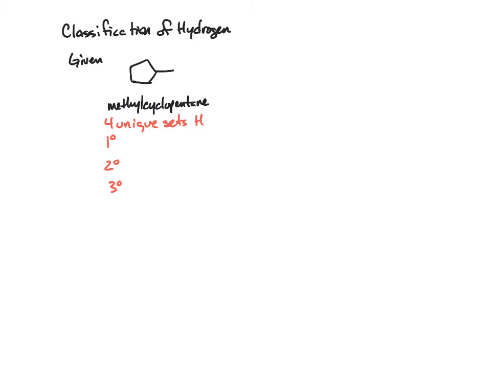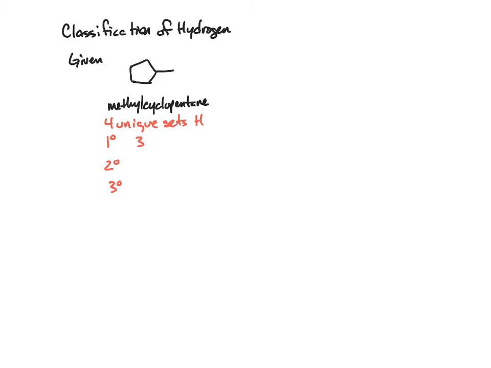So what we're doing now is, we have 4 unique sets, we're going to classify them, and whatever number we put here should total the total number of hydrogens in the molecule. Oh, so it's 3. So this is 3. How many secondaries do we have total? 8.